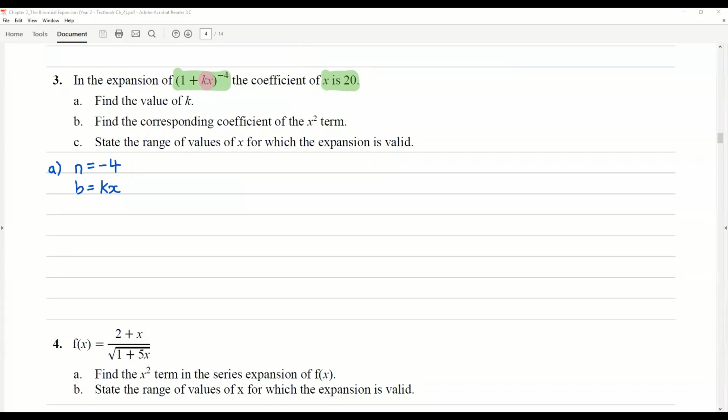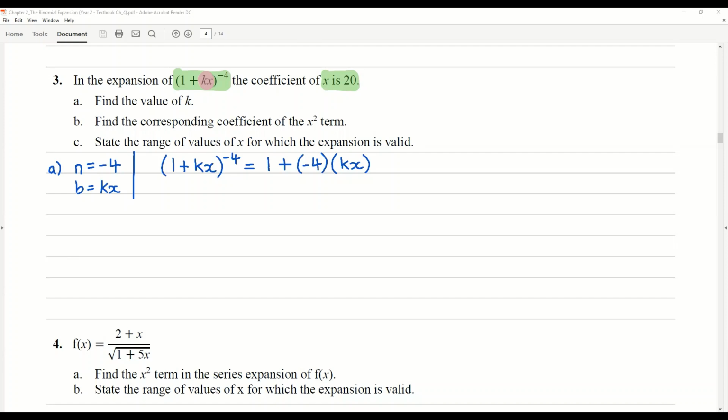Right, let's write out the expansion. All right, so 1 plus kx to the power -4 is of course going to be 1 plus, now it's n times b for my x term. So that's going to be -4 multiplied by kx. And it's the x term that we're actually given the value of.